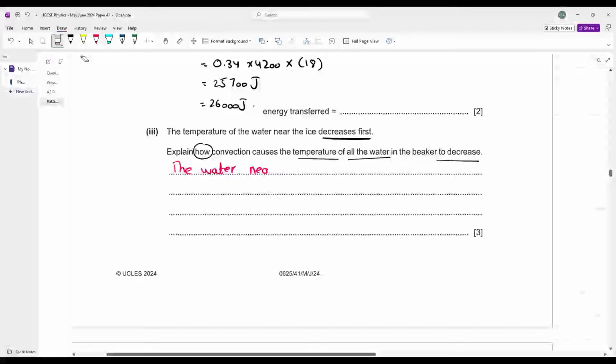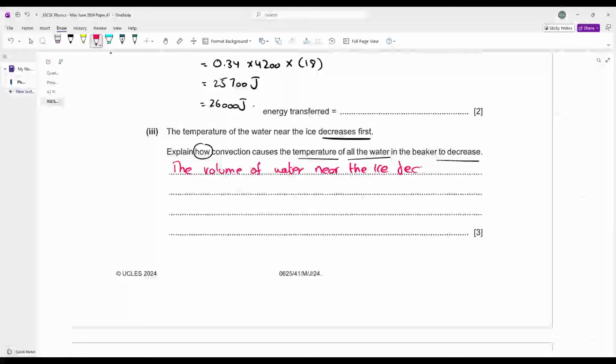The volume of water near the ice decreases, causing the density to increase.